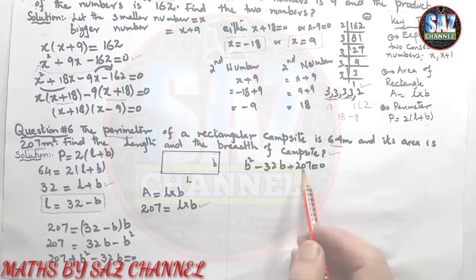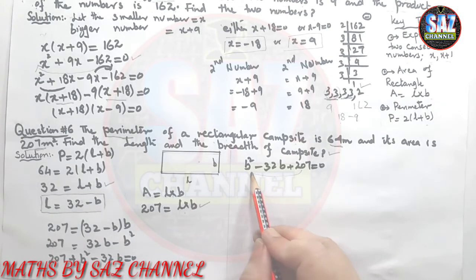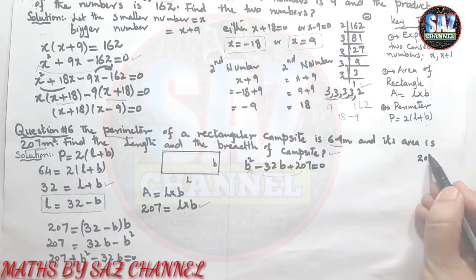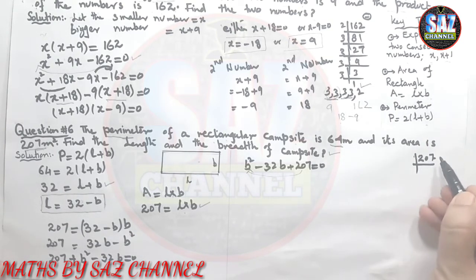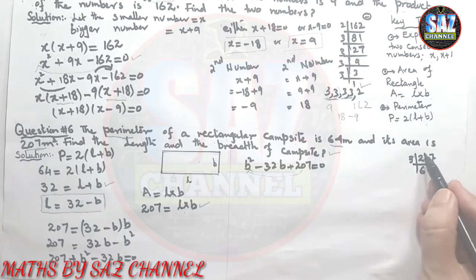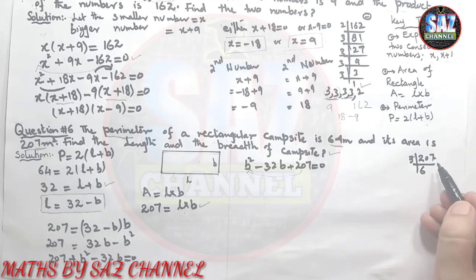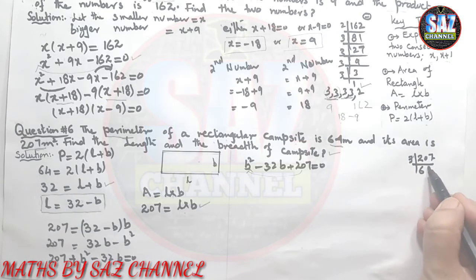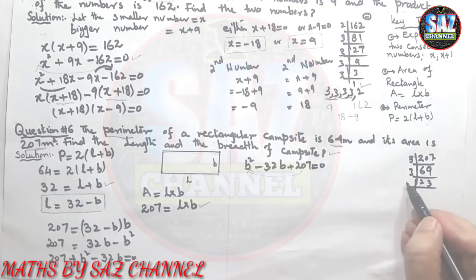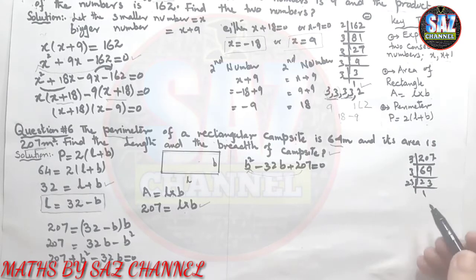Make the suitable factors of 207. The smallest suitable divisor will be 3. 3 times 6 is 18, I'm left with 2, and 3 how many times? 3 9s are 27, 69. 3 2s are 6, 3 3s are 9, and 23 is our prime number, so I cannot move further.